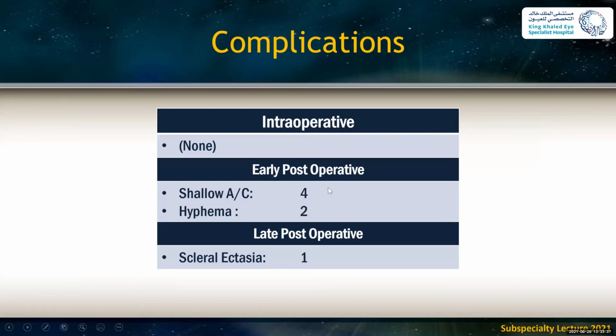Shallow AC in 4 cases and hyphema in 2 cases. And there is a late complication, late sclerectasia. But when the child grew and we were able to look at him in a better way, that was not ectasia. That was the iris relapsing under the scleral flap. I don't think you can say it is ectasia.